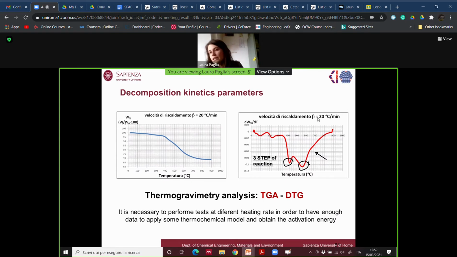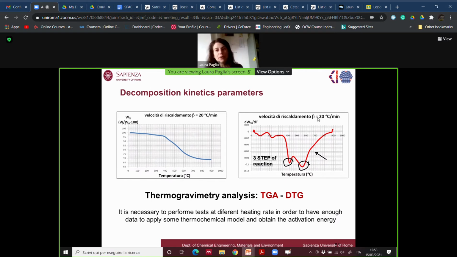And if you perform a thermogravimetric analysis for these materials, you always find a DTG curve like this, in which you have 1, 2 peaks, and here you have another peak which is covered by the second one. But there is a chemical model for these three different steps of reaction, and so in the DTG curve you will find three different peaks.